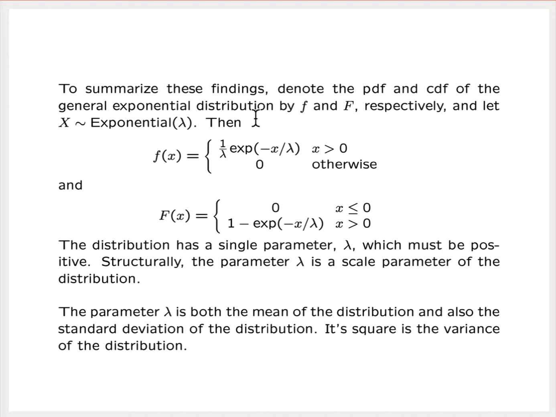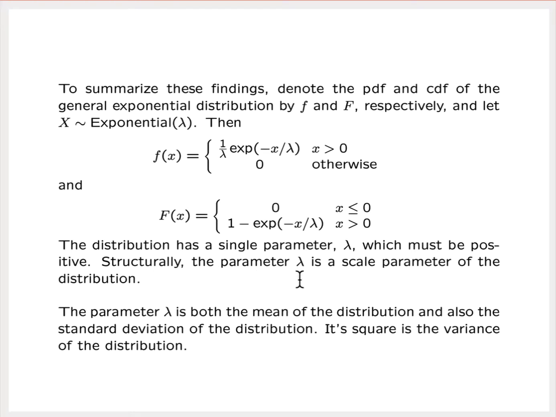Previously, we used x as a special case exponential, but now just to restate all these results, to bring everything together and to state things in their generality, I'm going to let x have this general exponential distribution with parameter lambda. Then the PDF is given by this expression. The CDF is given by this expression.